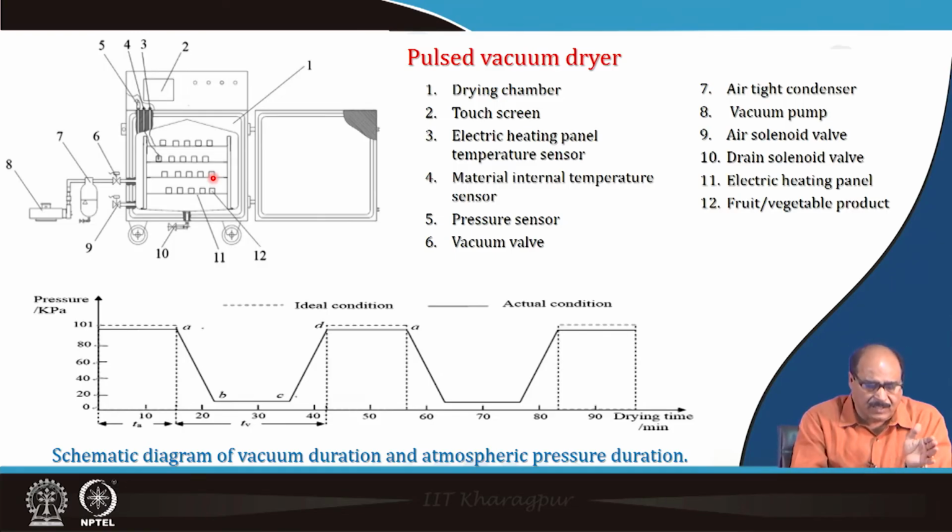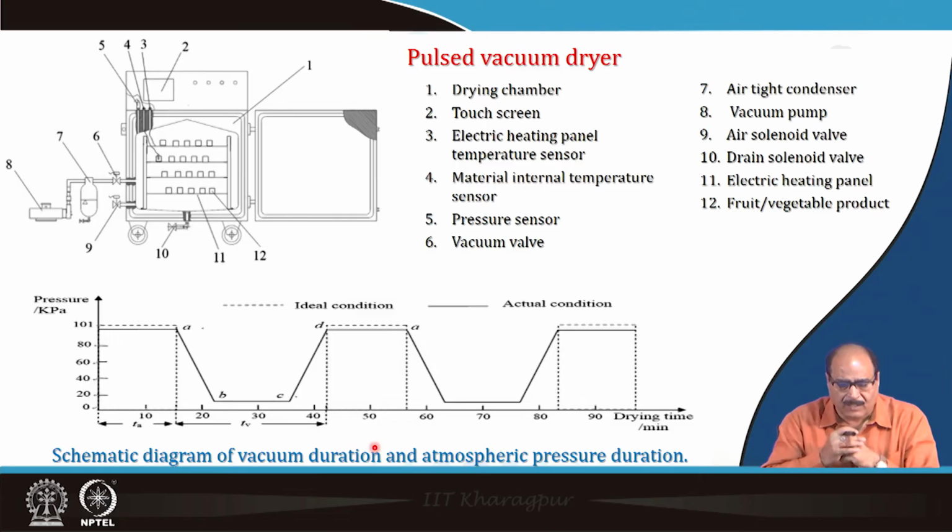This schematic diagram shows the vacuum duration and atmospheric pressure duration. Successively, the material inside is brought to low pressure, vacuum is created, then released, then vacuum created, then released. In this way you can get a better drying efficiency.